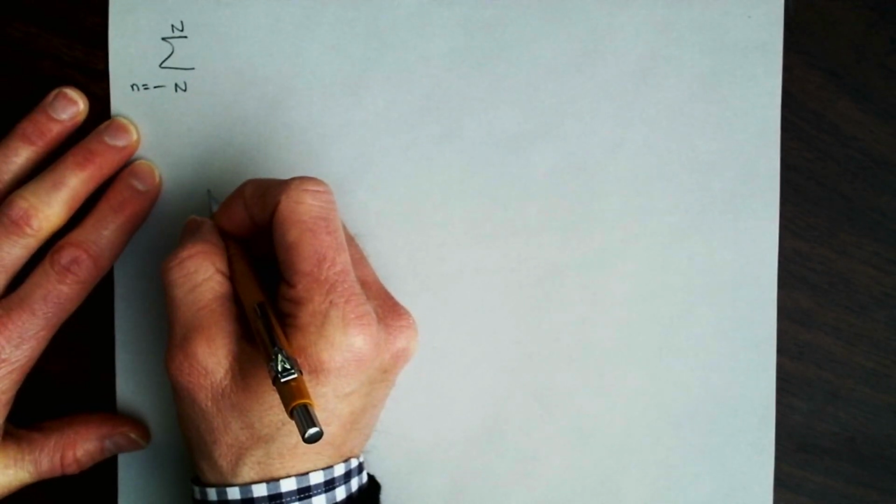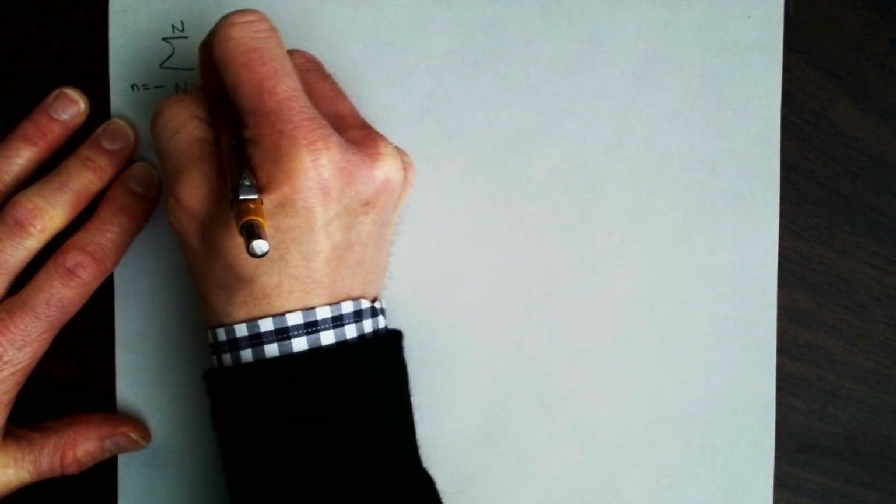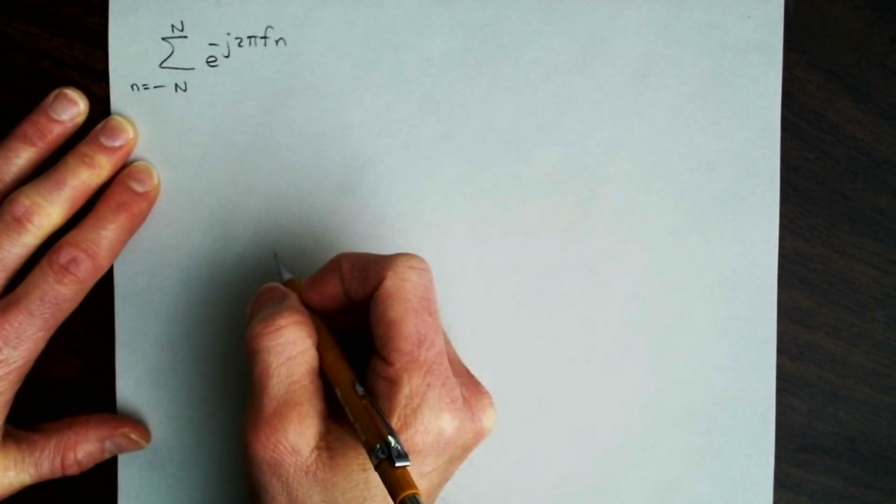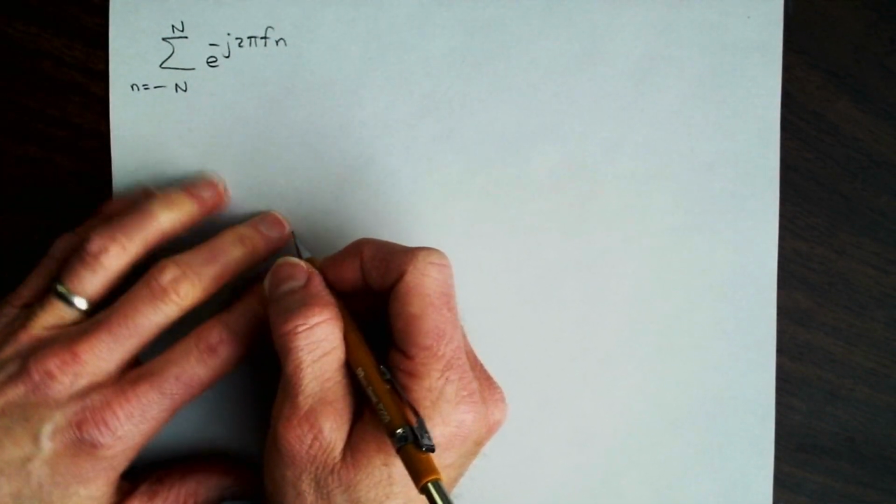Okay, so the first sum that I'd like to do is a sum over a symmetric interval. We're going to start at negative n and sum up to positive n of e to the minus j 2 pi f n, a complex exponential sequence.